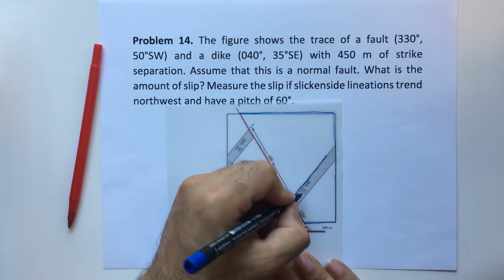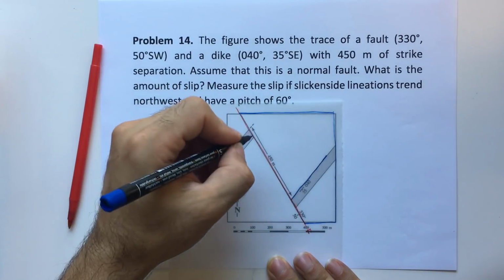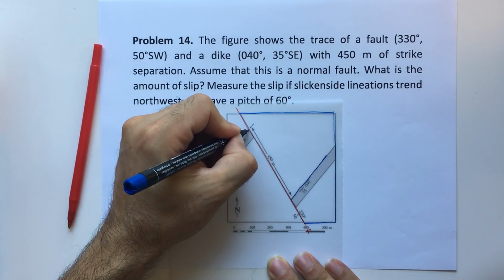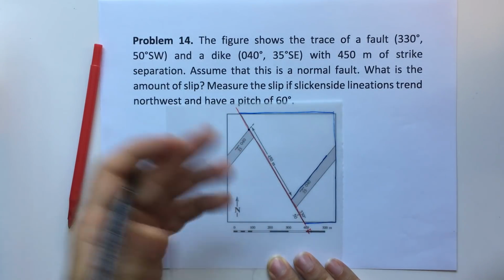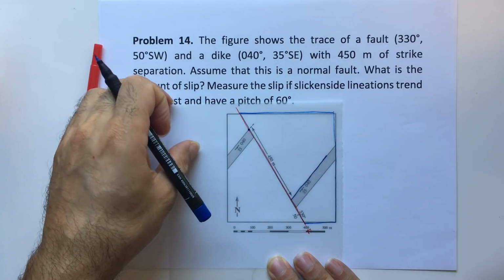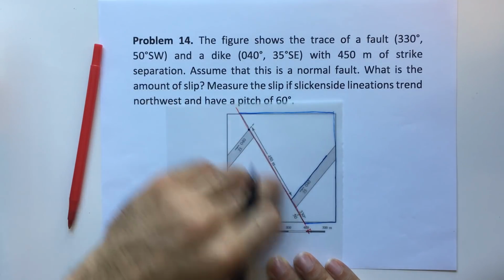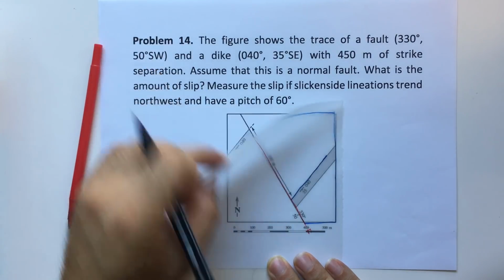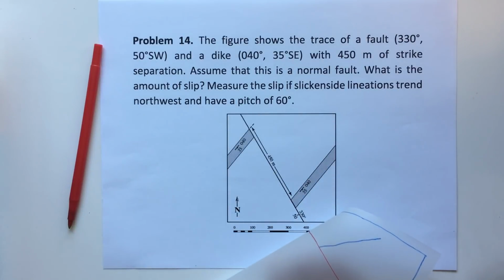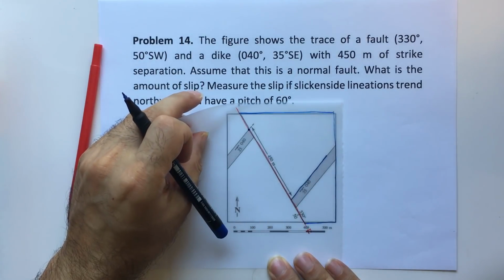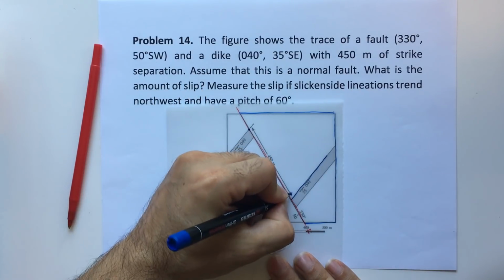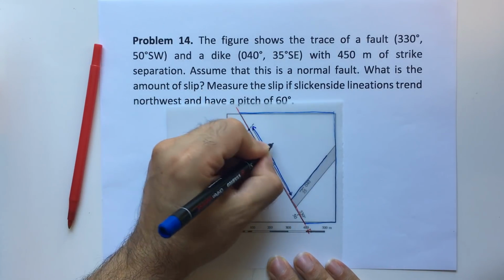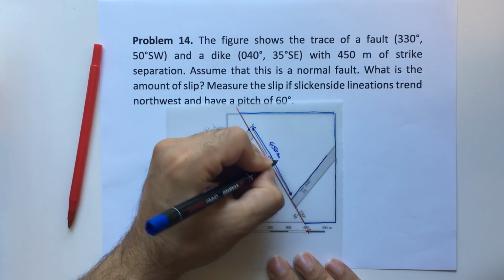I'm going to put a sign on the bottom side of the dike or the bedding along the fault trace using the outcrop in the hanging wall. So this one is 450 meters.